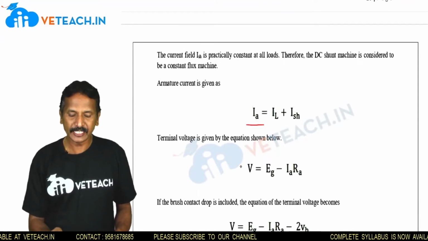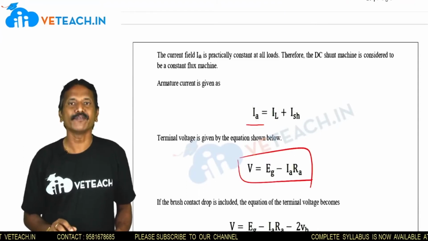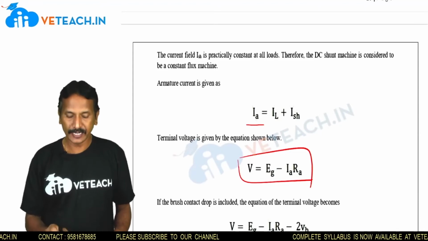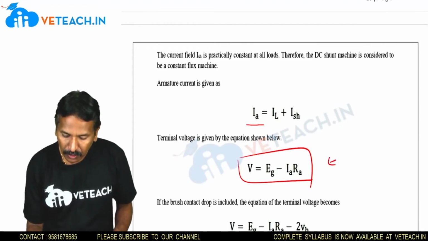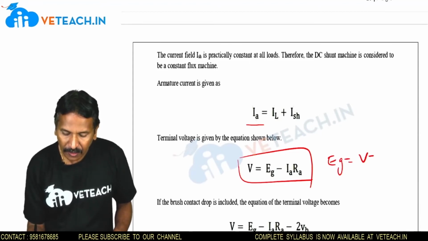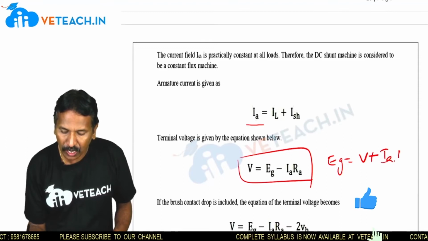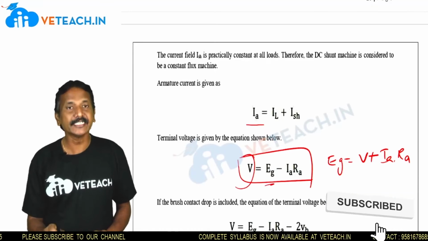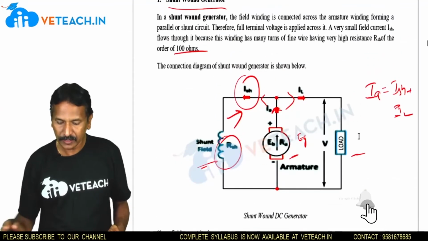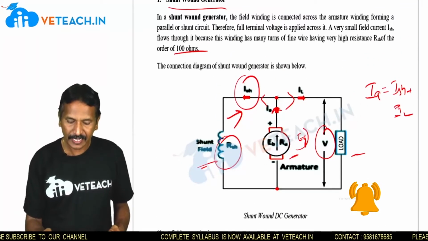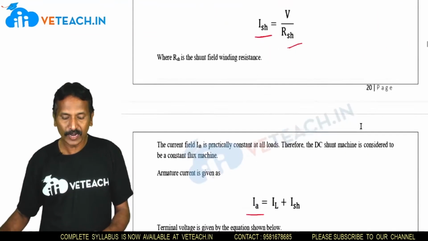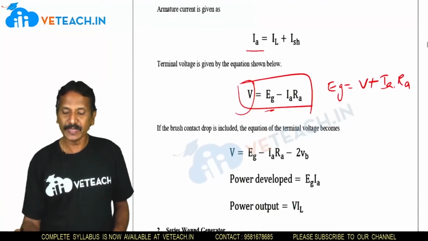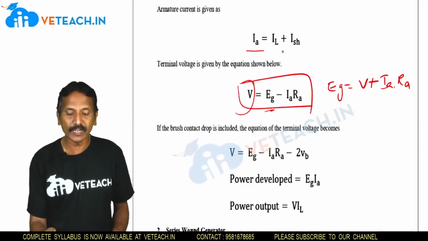This is the basic formula for a shunt wound generator. One more equation: EG is equal to V plus IA into RA. V is the terminal voltage and EG is the generated voltage across the load. So to find EG, EG is equal to V plus IA into RA, but IA is equal to what can we write here?